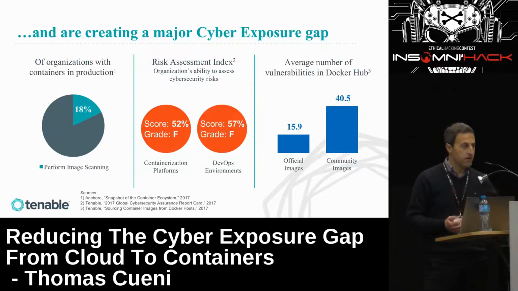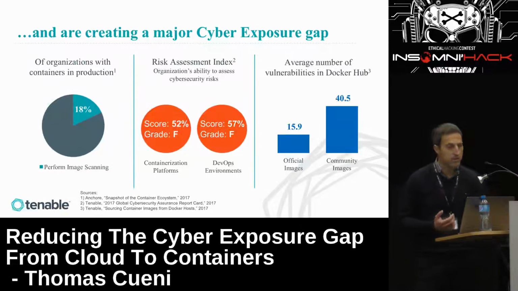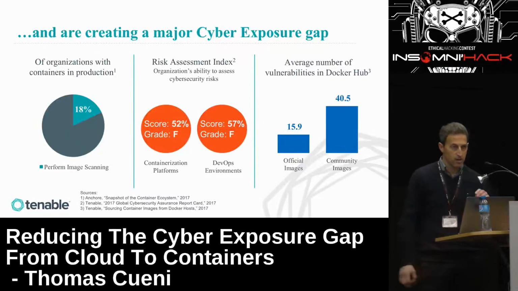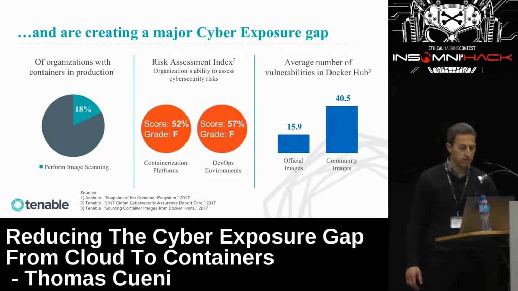If I take the official image for Alpine Linux, make a couple of changes, install a couple of packages, and republish that, and then look at the community images, there are more than 50 vulnerabilities per image in what's available in the registries today, and that's quite massive.